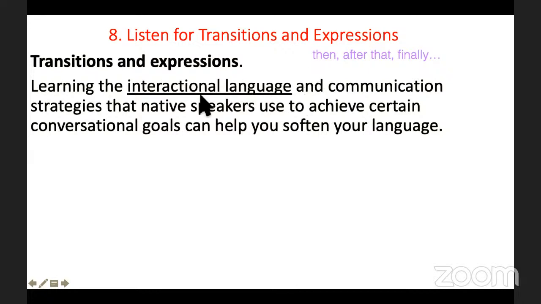The main point is that the other person understands or is interested in what you're talking about. So when we use these transitions, we help the listener to understand what we want to say better.